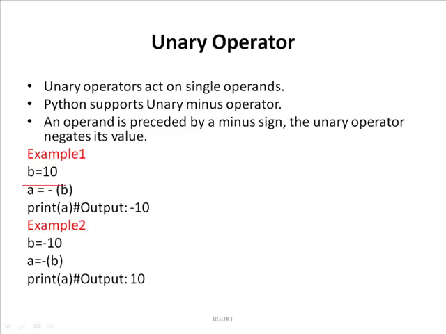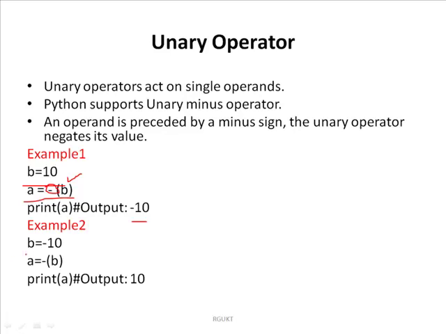B equal to 10, A equal to minus B. What is the operator here? Minus. How many operands are there? Only one operand. So what is the A value here? Minus 10 is the A value. So that is a unary minus. An operand is preceded by a minus sign, and the unary operator negates its value.